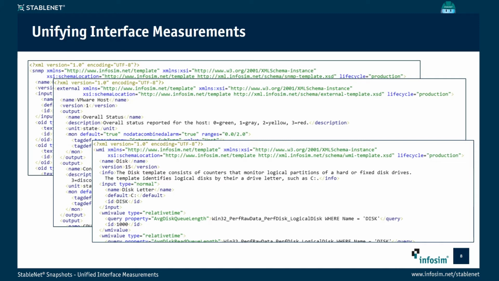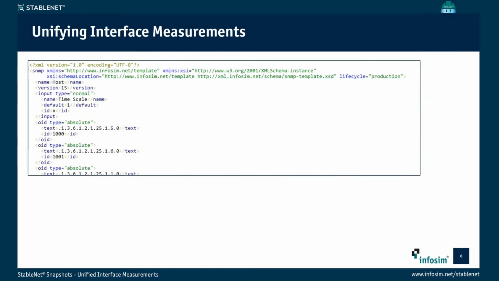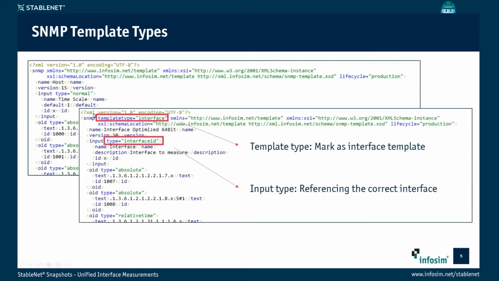They may only speak via REST with us. There we recognized that we need a unified approach for relations between measurement data and the interfaces related to those measurements, as we have with SNMP templates already, with this template type and the interface relation in the input. And this is where we are now.